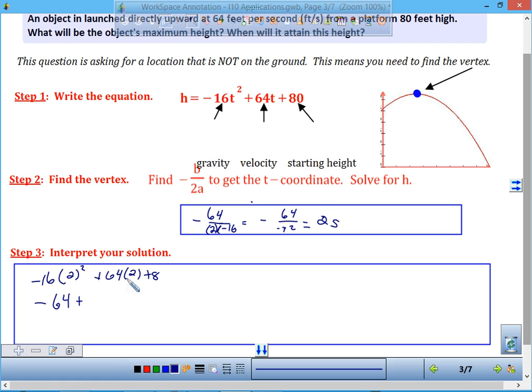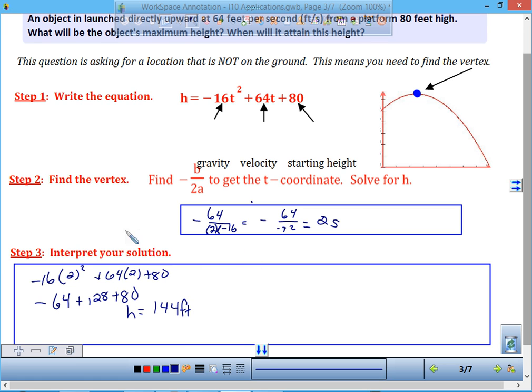Plus 64 times 2 gives us 128. Plus 80. If I add negative 64 and 128, that's positive 64. 64 plus 80 is going to give us 144. So h is going to be 144 feet.